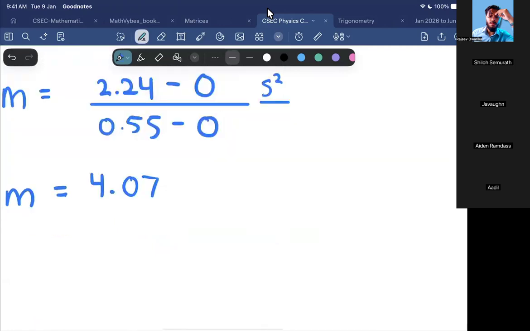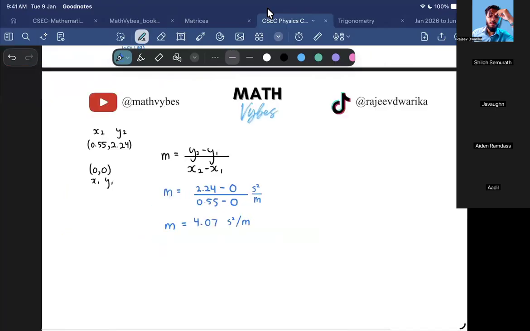Meters. Yeah. It's going to be s squared per meter. Is anybody confused by that? Adil, let me know if you're confused by that. Yes, sir. Okay.